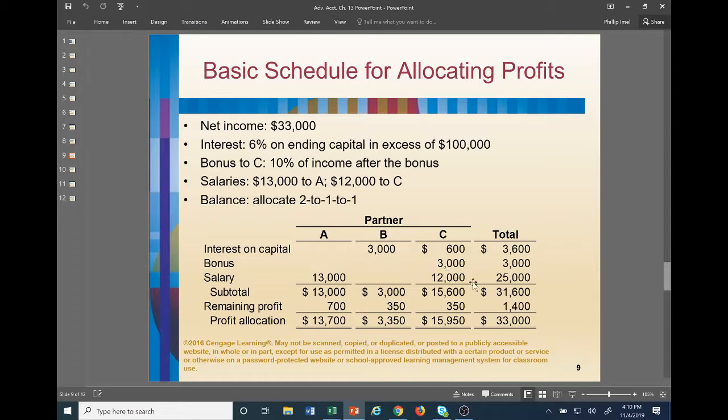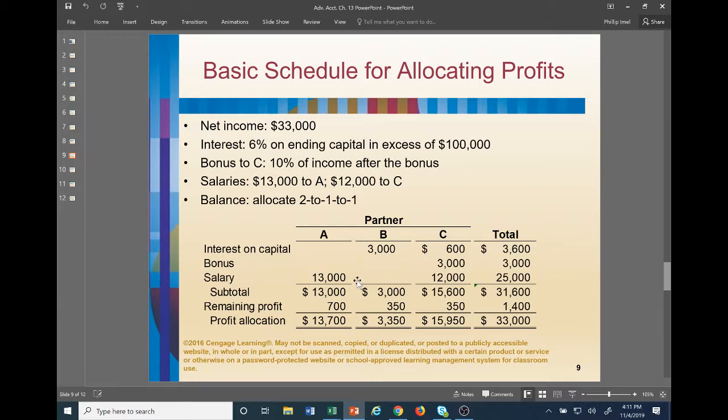How we get this $3,000 amount is 10% multiplied by net income less the bonus. We know 10% times 33,000 is going to give us 3,300, and 3,300 divided by 1.10 is going to give us a bonus of $3,000. So that's why partner C receives a $3,000 bonus right here.